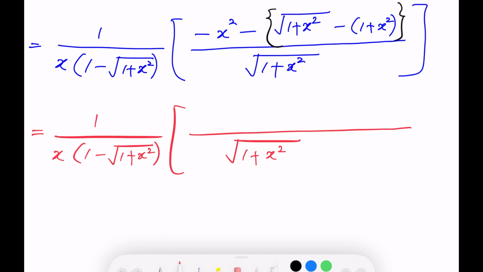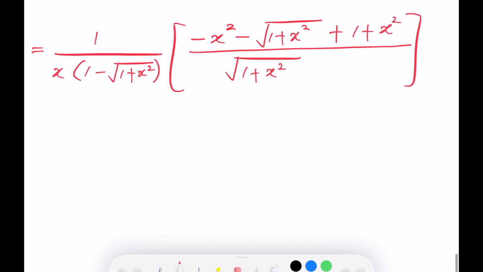Let me write that down, and then I need to distribute this negative symbol to each of the two terms inside the curly brackets. When I do so, the first term is negative square root 1 plus x squared, and then this negative with this negative will make it a plus 1 plus x squared.